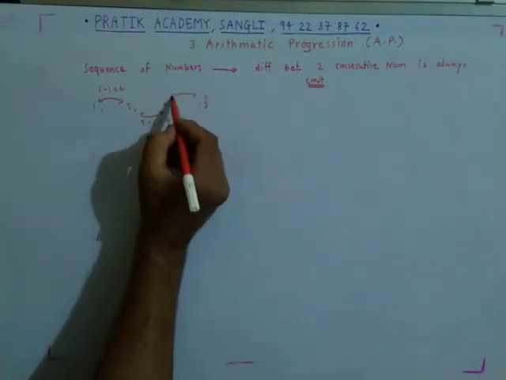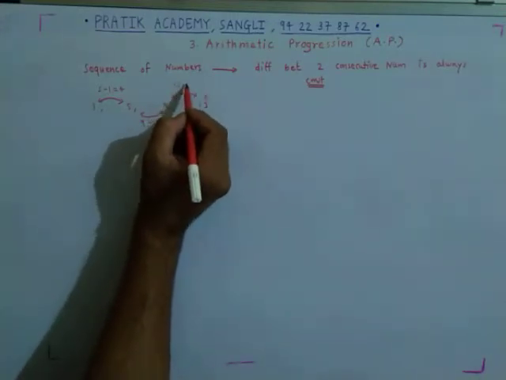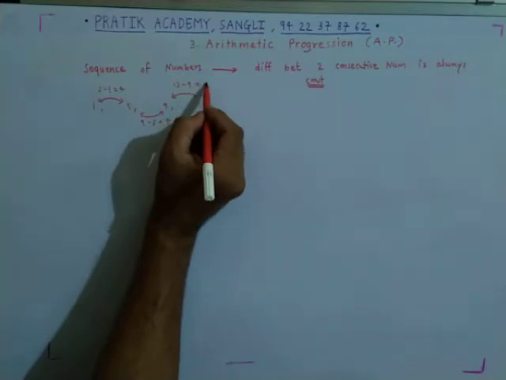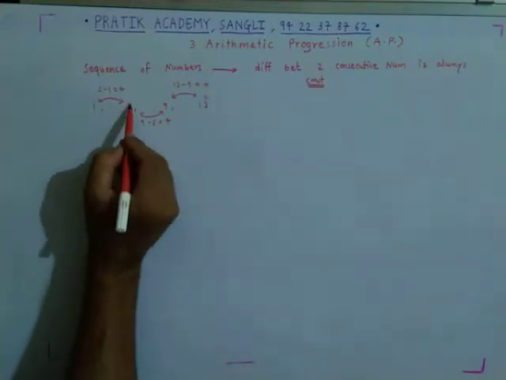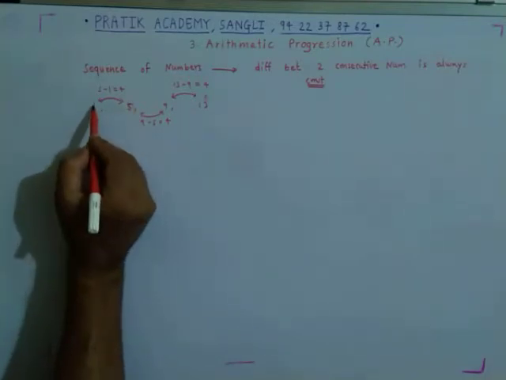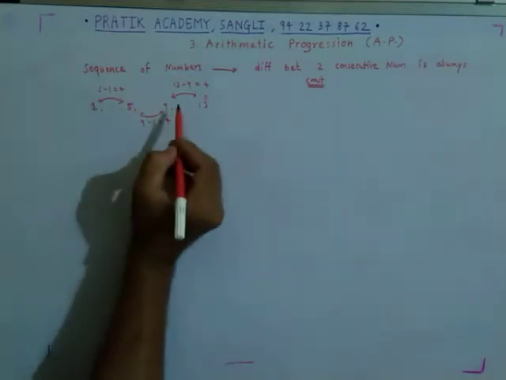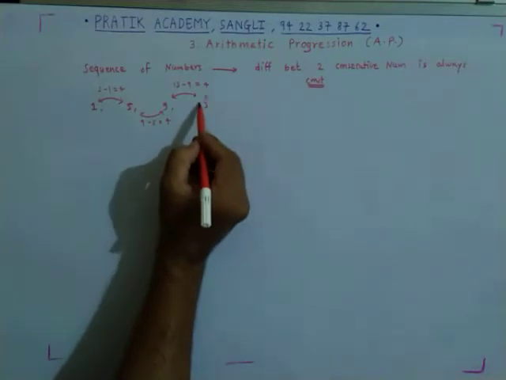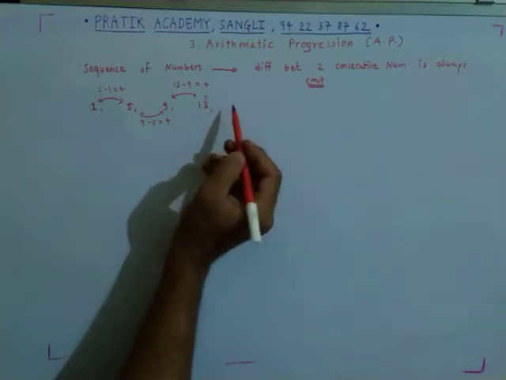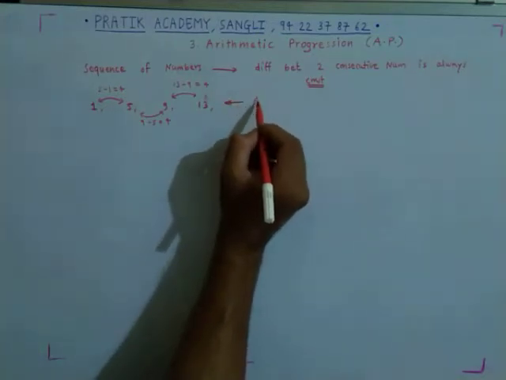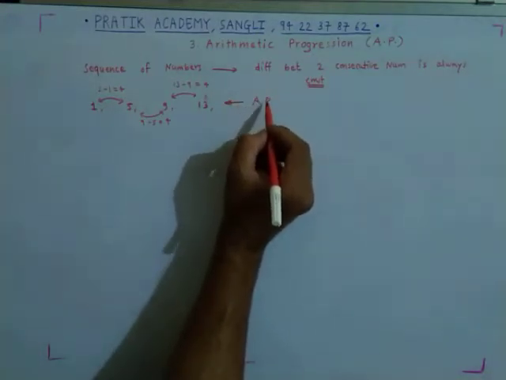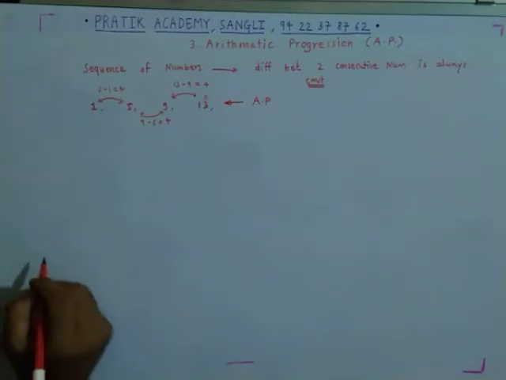The difference between the next two terms, 13 minus 9, is 4. That means the difference between two successive or consecutive terms in the sequence is constant, so these numbers are said to be in AP. So this is simple.